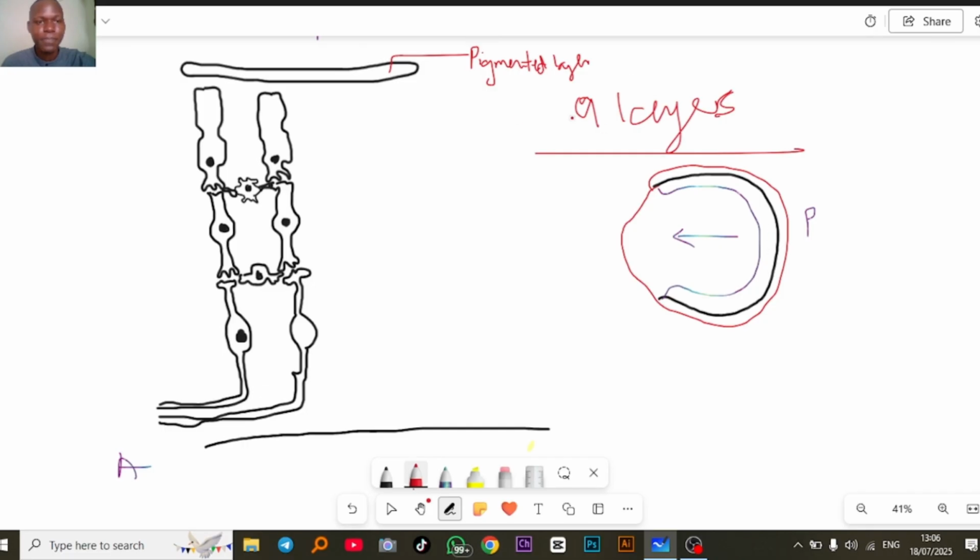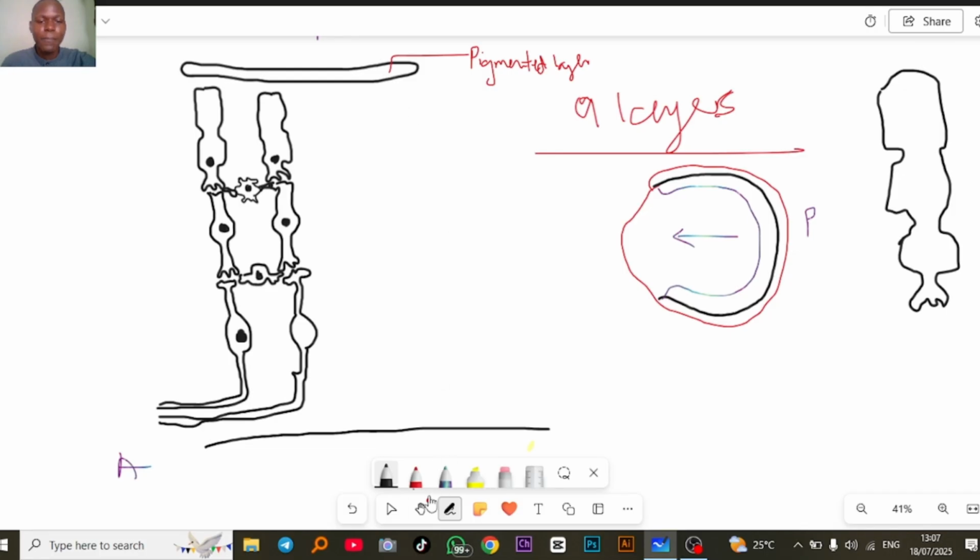Then the second layer is the layer which contains the photoreceptors. We need to take note that the photoreceptors have about 4 parts. If I draw my photoreceptor here, it's shaped in some manner of this sort. My art is not so good.